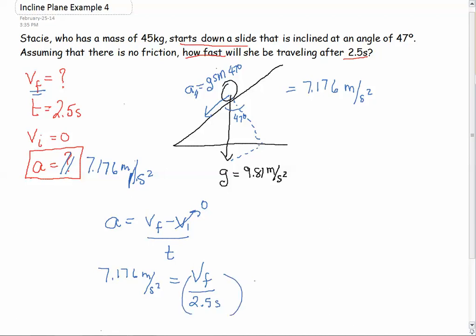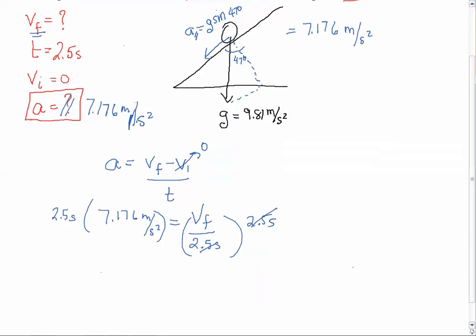So we're going to multiply both sides of the equation by 2.5 seconds, and that will give us her final velocity. It cancels here, and we get a final velocity for Stacy of 17.9, or to 2 significant digits, 18 meters per second.